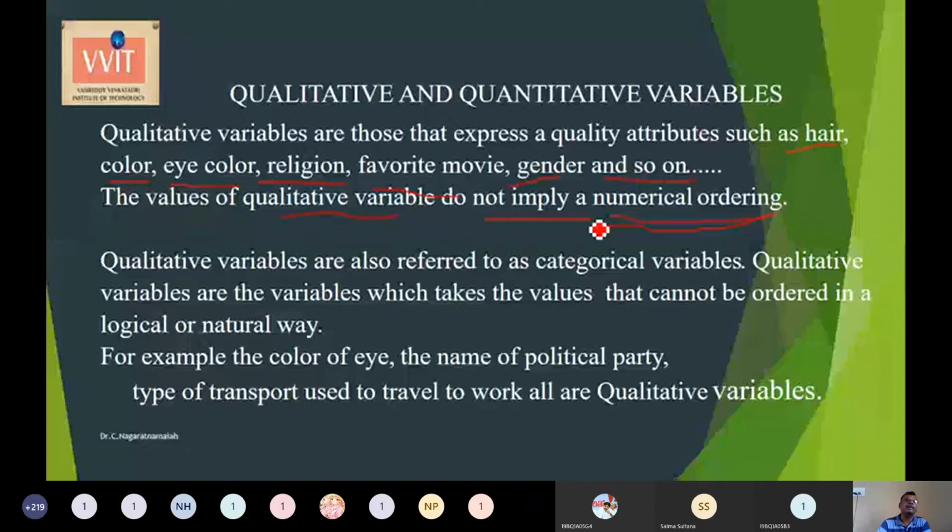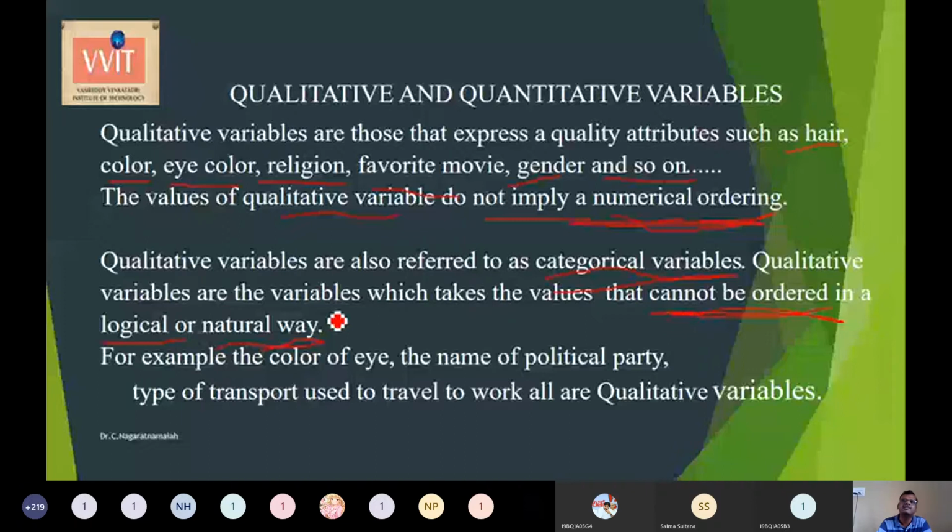In other words, qualitative variables are also referred to as categorical variables. Qualitative variables are the variables which take values that cannot be ordered in a logical or natural way.